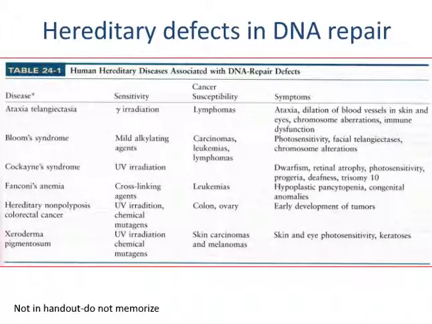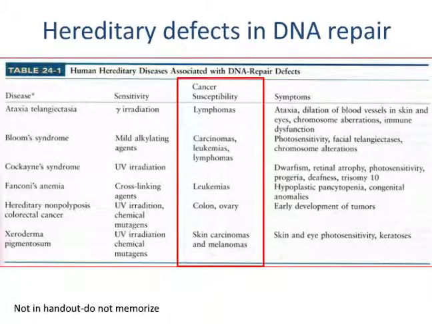Hereditary defects in DNA repair mechanisms increase the probability of accumulating mutations in a cell that can be transforming. There are several well-known human hereditary disorders that are associated with DNA repair defects, and all of them have increased cancer susceptibility, including ataxia telangiectasia that leads to susceptibility to lymphomas.